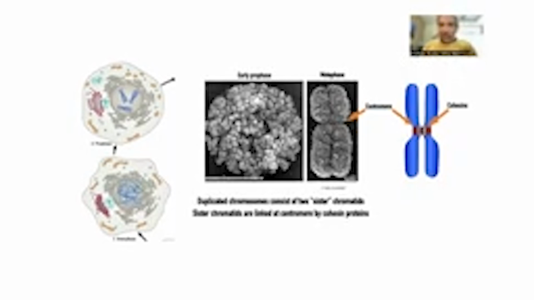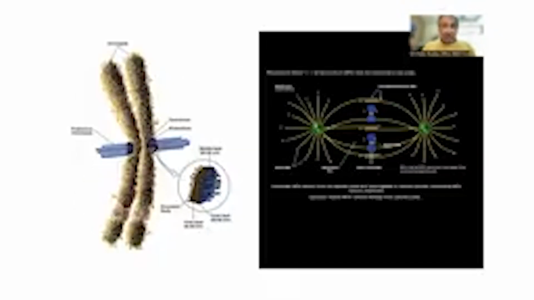As I mentioned, during the early prophase, the chromosomes, the DNA material that is duplicated, is packed into these chromosomal structures. And they have something known as the centromere that, as shown here, holds the two sister chromatids together. There are these molecules called cohesins that are essentially what allow the microtubules to come and bind the sister chromatids and pull them apart.